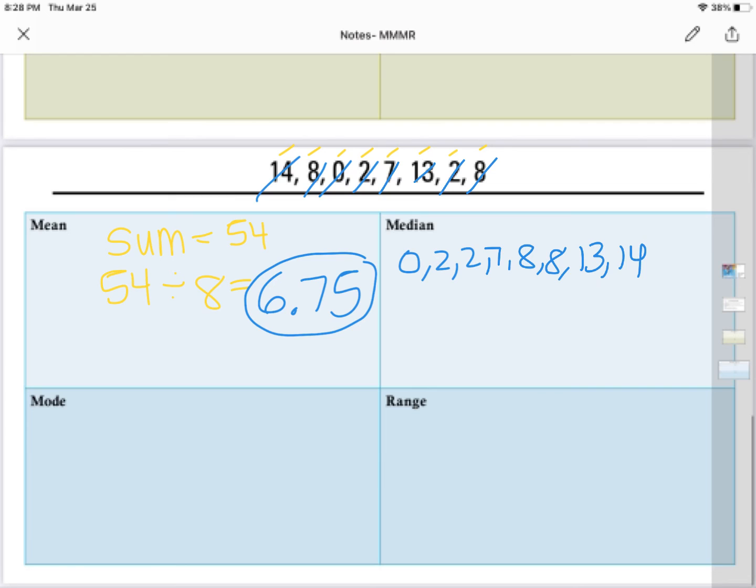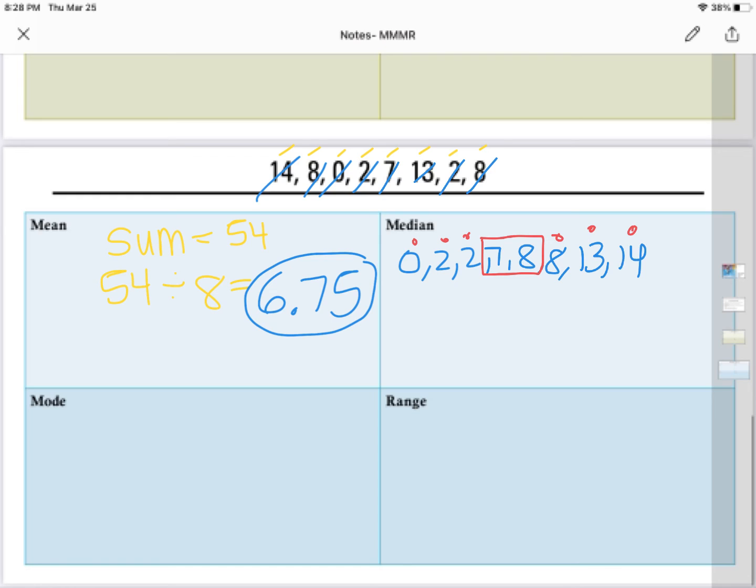So again, check to make sure that you have 8 numbers there. 1, 2, 3, 4, 5, 6, 7, 8. So we're good. Our middle number. So again, I like to start on the outsides. Work my way in. For every one that I dot on the right, I need to dot one on the left. Now, in the middle, I have 2, right? Because if I put another dot, there's no more numbers. So in the middle, I have 2.